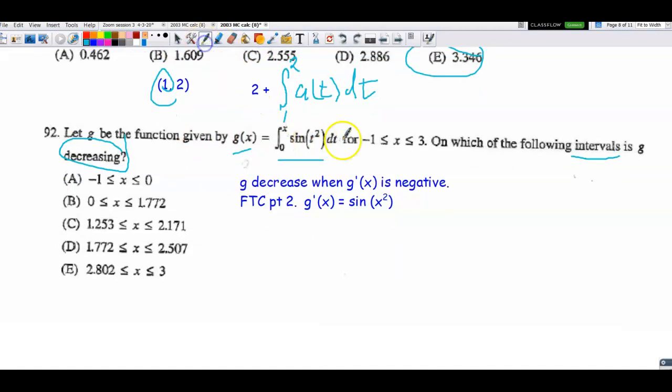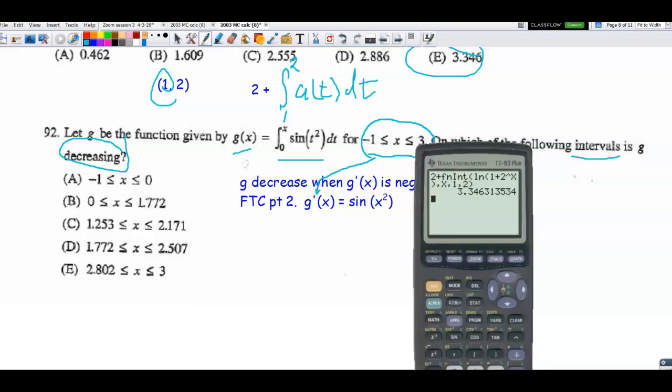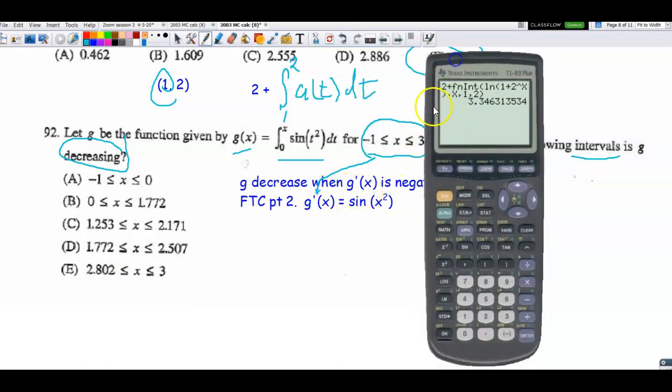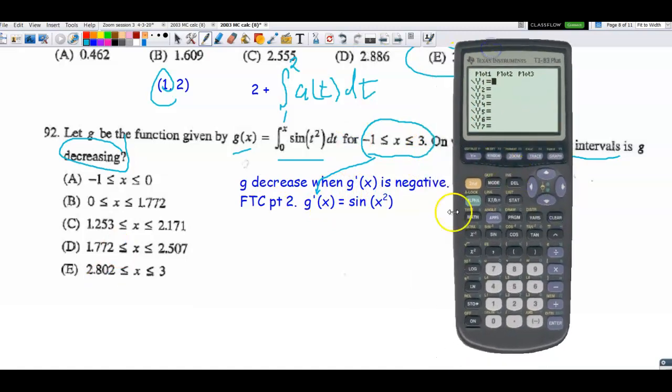And now we want to figure out from -1 to 3, when is g prime of x negative? So we can grab our calculator. Y equals, get rid of what's in there, and I have sine of x squared.